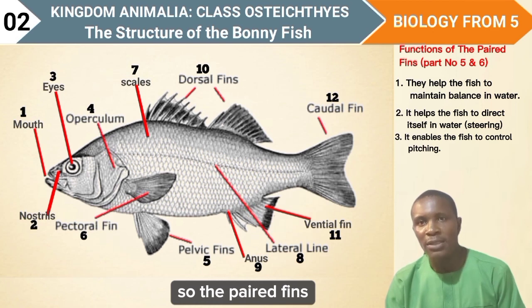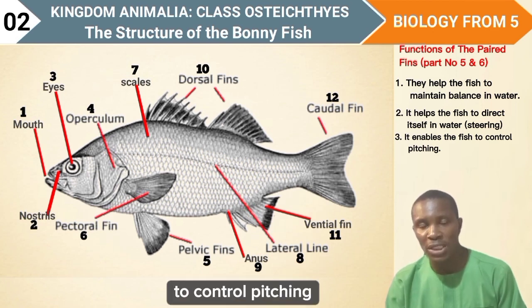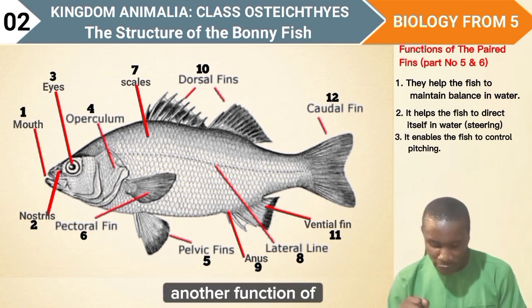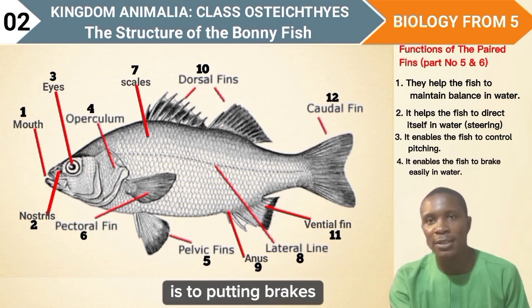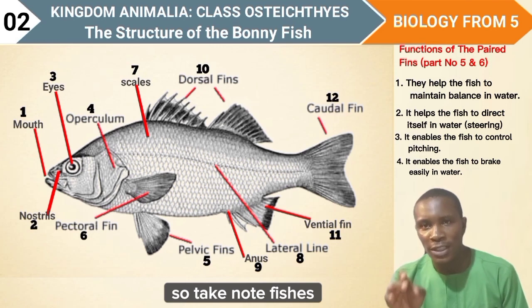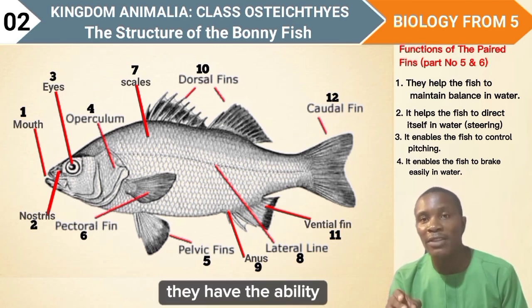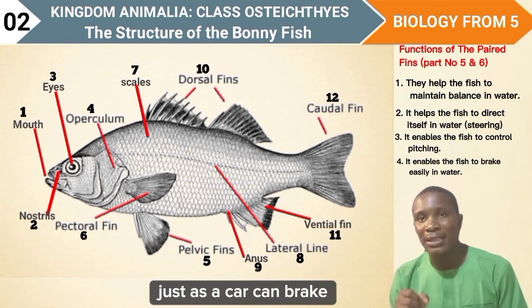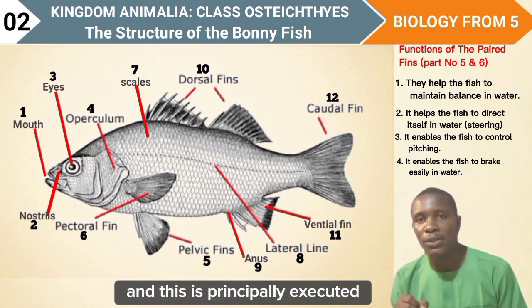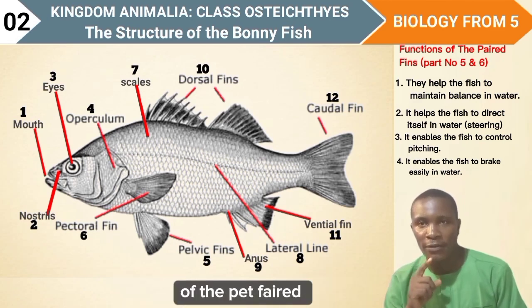So the paired fins help the fish to control pitching in water. Now, another function of the paired fins is to put in brakes. So take note, bony fishes have the ability to brake in water just as a car can brake. And this is principally executed by the help of the paired fins.